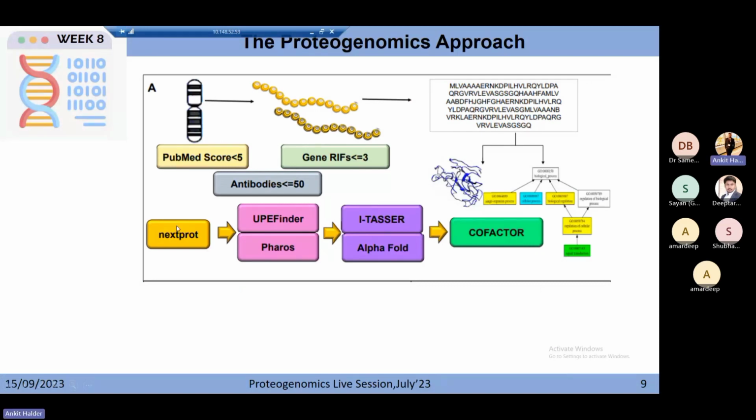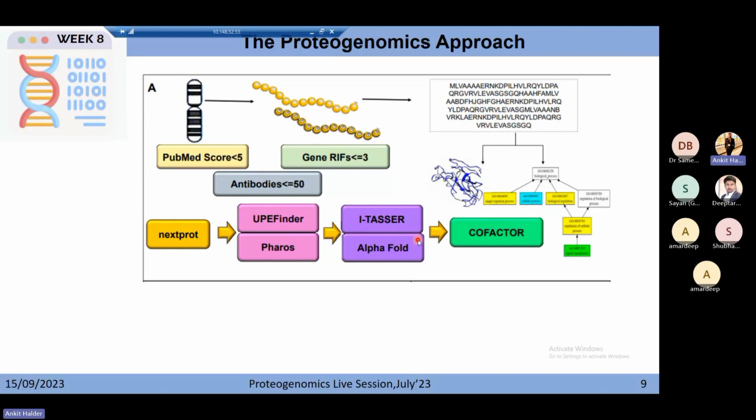If we try to get those proteins, then there are tools called UniProt Finder and Pharos, which further help us in understanding at which P level they are, and whether they fall in the Tdark or not.